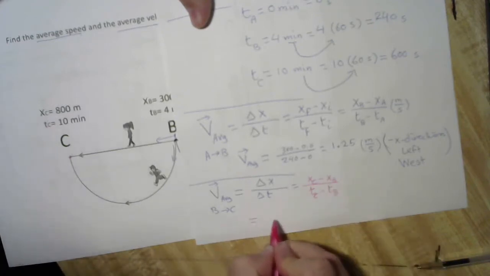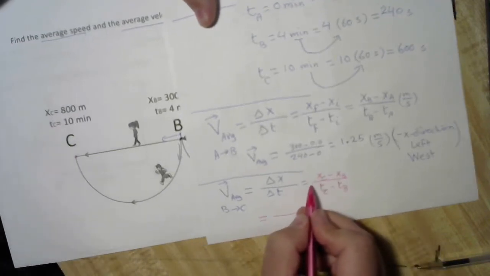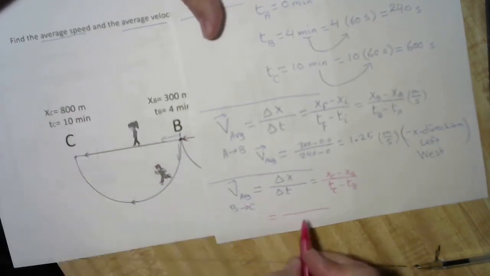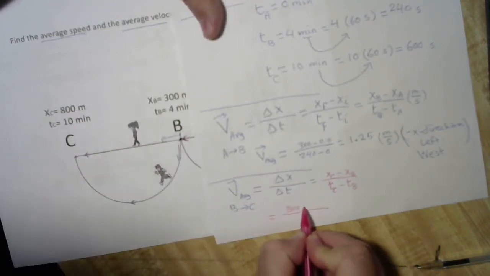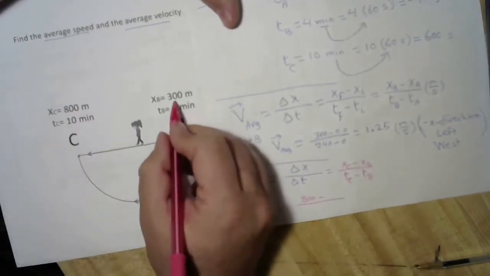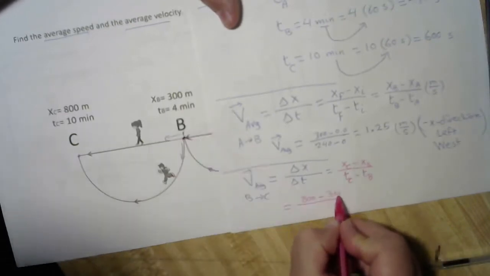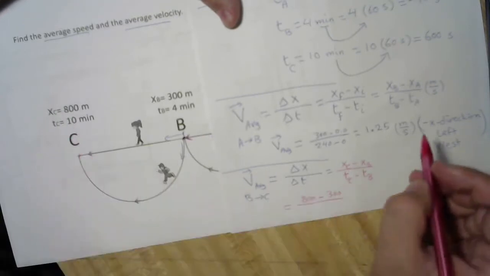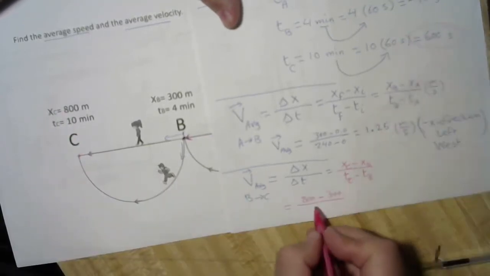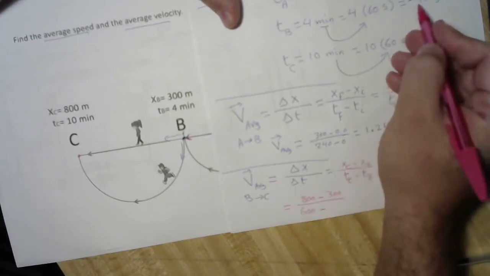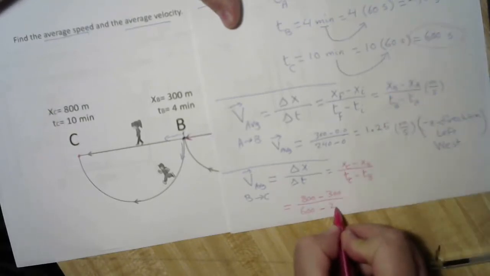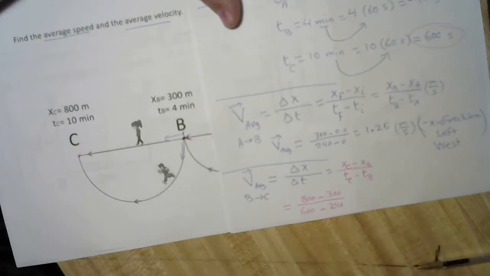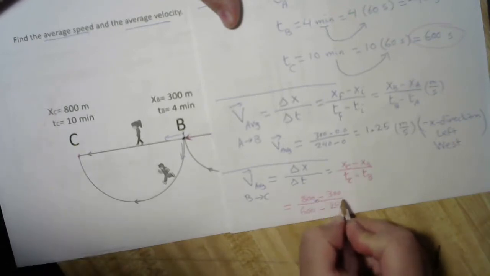In my case here, x c is 800 meters minus x b is 300 meters, divided by t at c, 10 minutes, which is equal to 600 seconds, minus 240 seconds. This is in meters, meters, seconds, seconds.